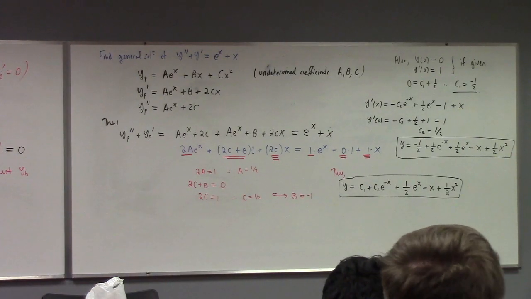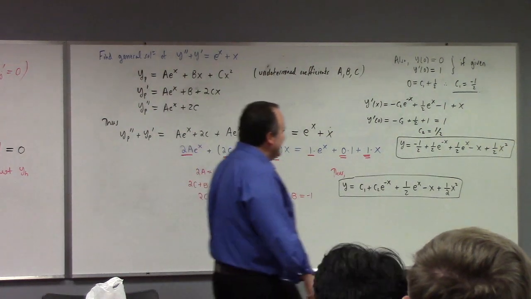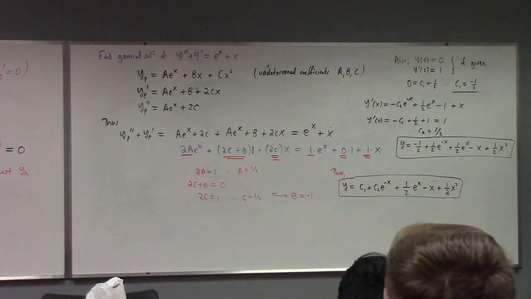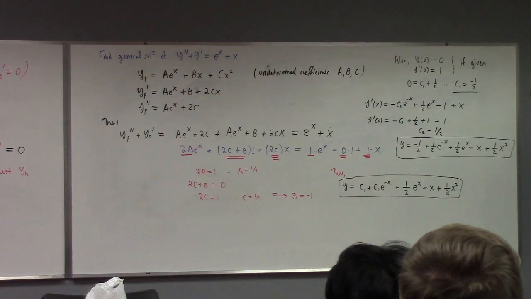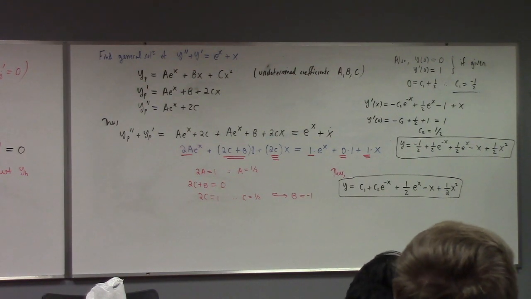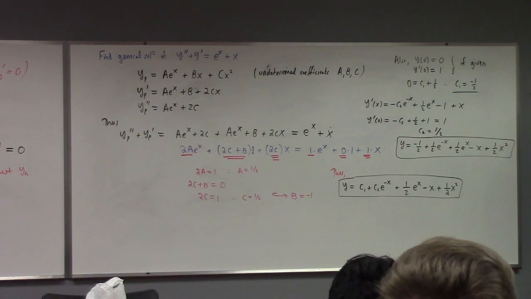I don't think that works. Oh no, what did I do? I think I'm wrong here. C2 e to the negative 0 would just be negative C2, so I don't think it's just C1. If you plug in 0, I don't think it would work. I got negative 1 plus 1/2 plus 1/2.